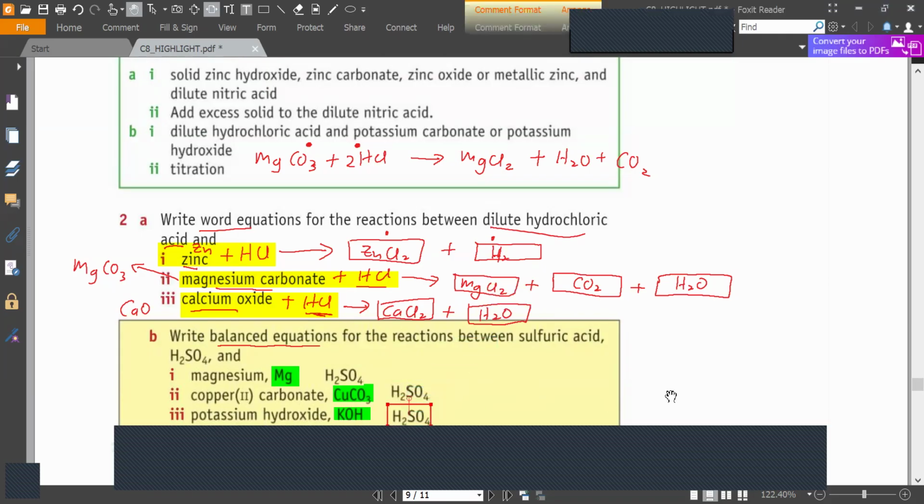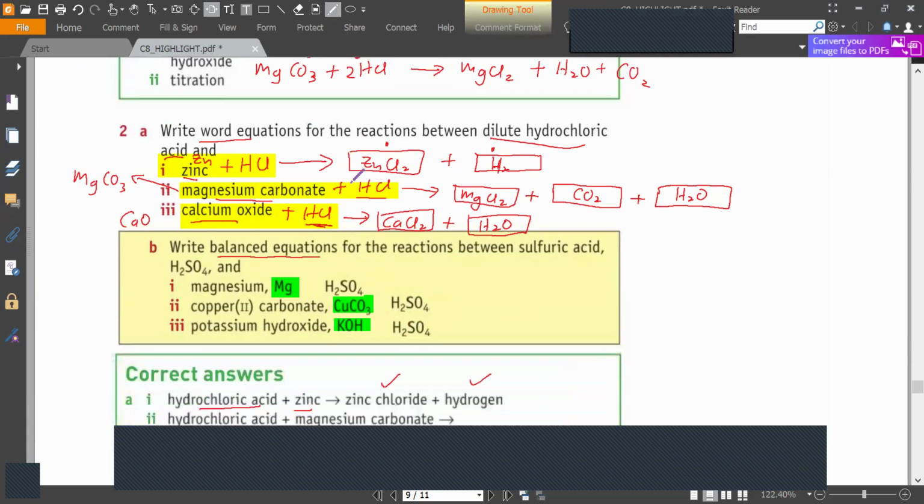I need you to tell me what the products are and also how many moles.